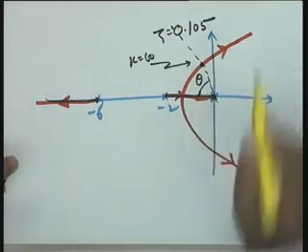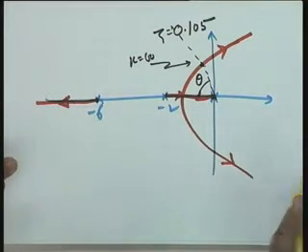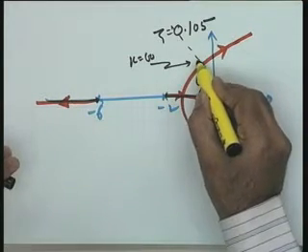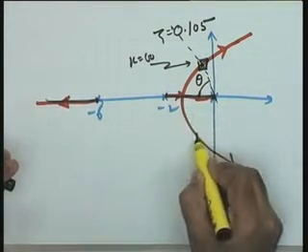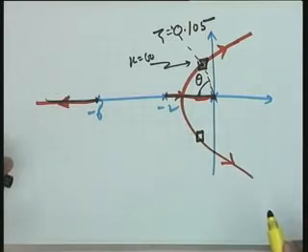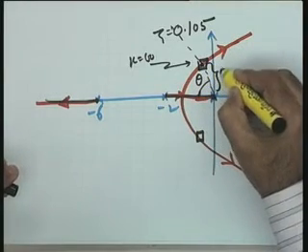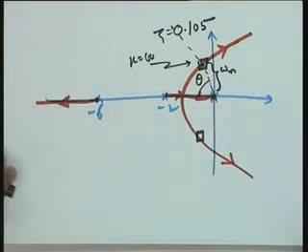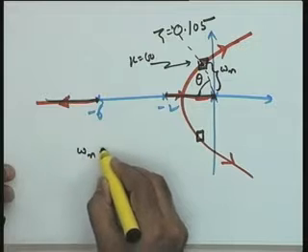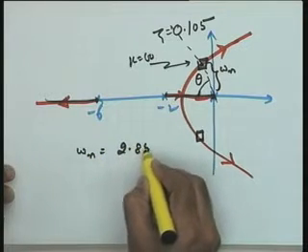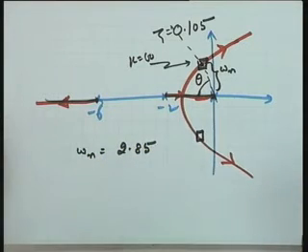I find zeta equal to 0.105. How about the closed loop poles? These are the closed loop poles of this system, and corresponding to these closed loop poles, this itself is omega n, the natural frequency. In this case, the calculations I have with me give 2.85.